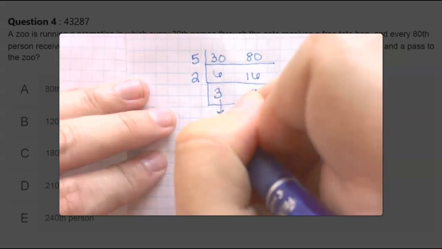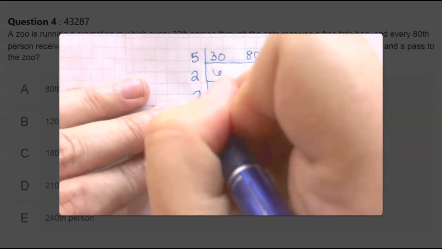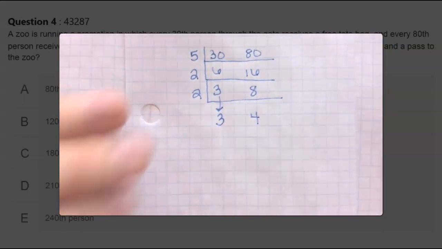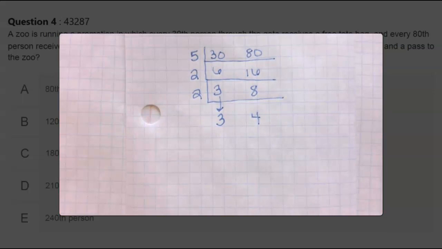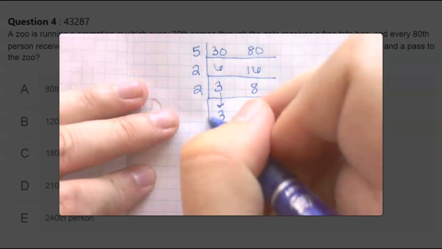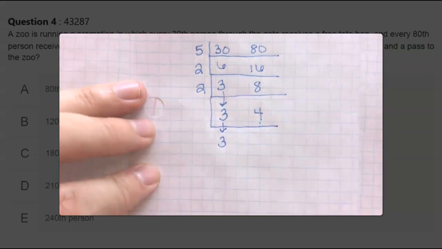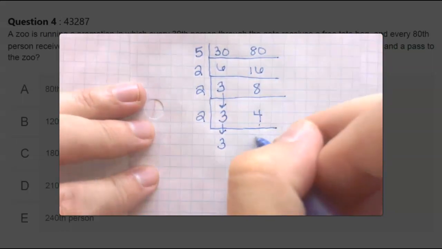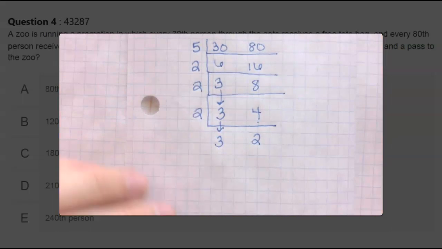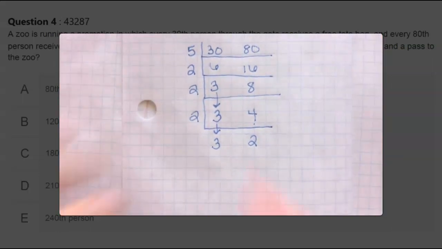So 3 can come down, but I'm going to pull a 2 out of 8 and get 4. I'm still not done though, because 4 is still not prime. I have to do this again. 3 is coming down again. And I can pull another 2 out. So now, this is a really big L.